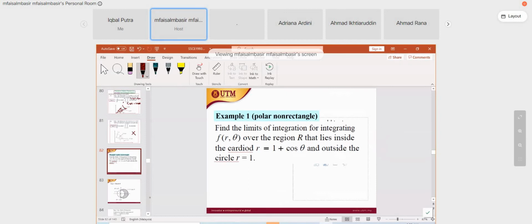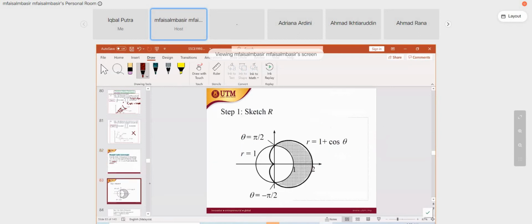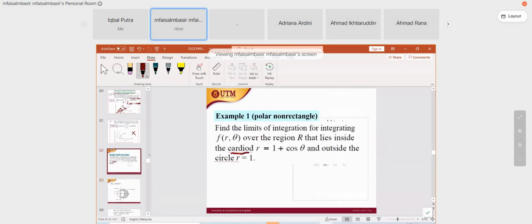Find the limits of integration for integrating over R that lies between the cardioid and outside the region R. You have learned how to sketch this in engineering maths 1. This is like an apple shape, but moved to the right-hand side of the x-axis, and r equals 1 is a circle. We need this one. They said outside r equals 1, so it should be outside here.